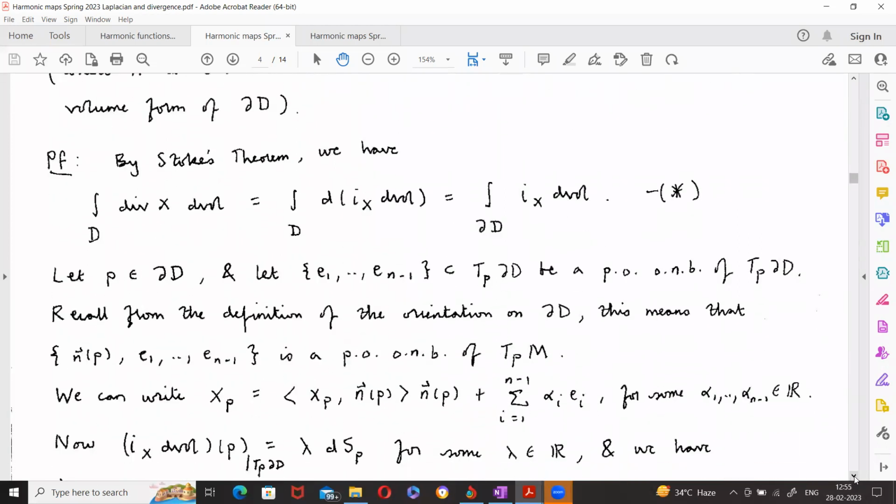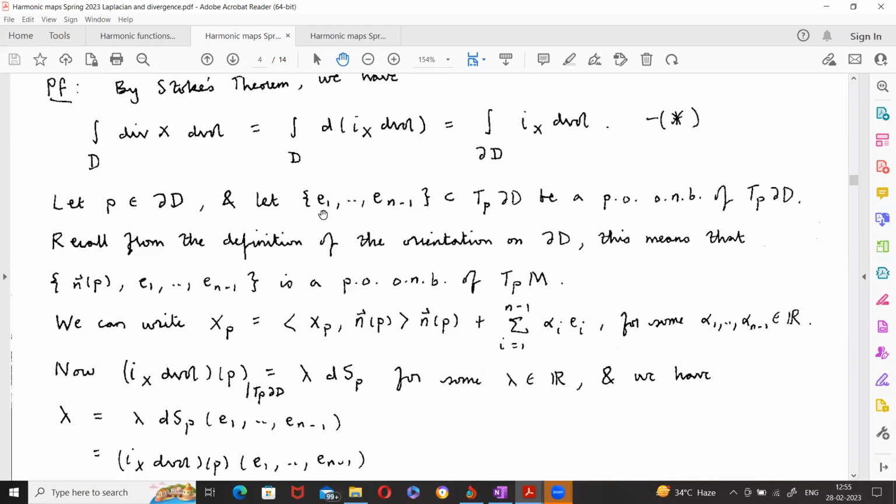So let P be a point in boundary D and let E1 to En minus 1 be a positively oriented orthonormal basis of the tangent space of boundary D. Okay. So from the definition of the orientation on boundary D, this means that the unit outward normal N, together with E1 to En minus 1, is a positively oriented orthonormal basis of TPM.